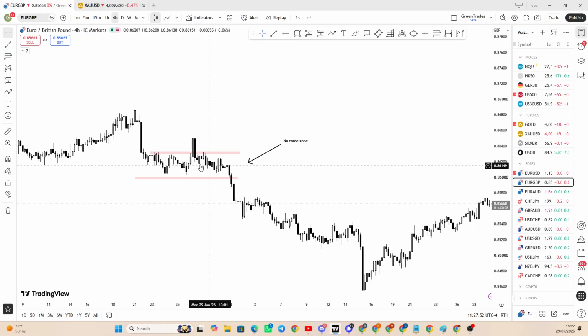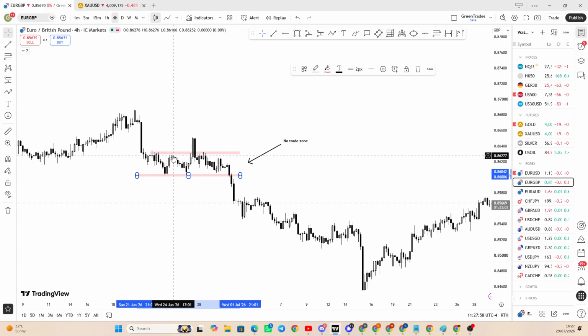In this particular example, this was the low, and that was the high. The high was broken. It indicated that the market wants to go up. But remember what I said, we don't trade the indication, we only trade continuation. So it gave us the indication that the market wants to go up.